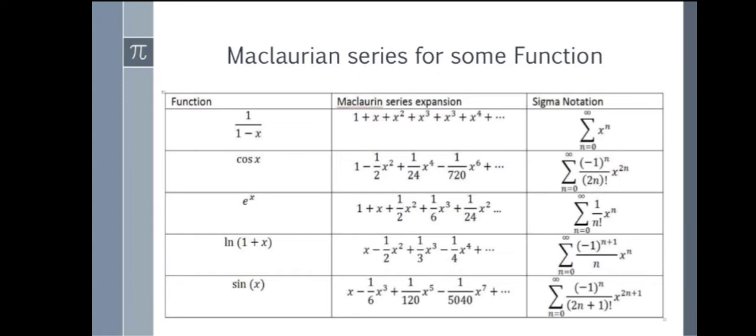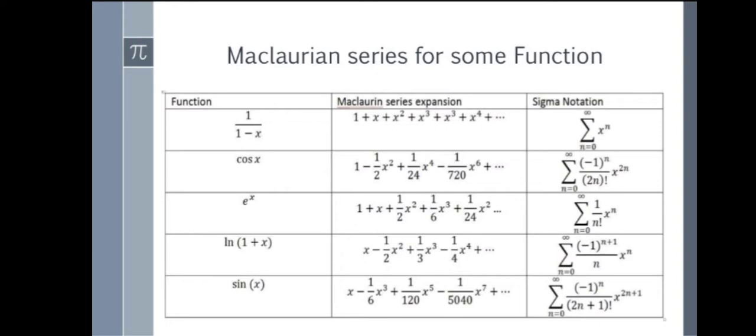Sigma notation sigma n equals 0 to infinity 1 by n factorial into x power n. Function natural log of 1 plus x: expansion x minus 1 by 2 into x square plus 1 by 3 into x cube minus 1 by 4 into x power 4 plus so on. Sigma notation sigma n equals 0 to infinity minus 1 whole power n plus 1 by n into x power n. Function sin x.